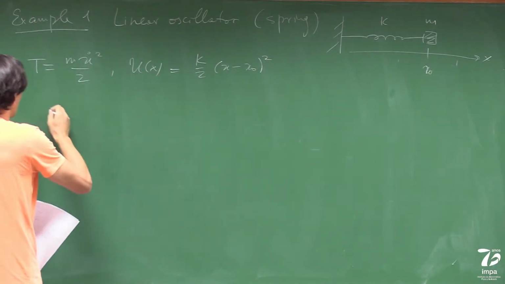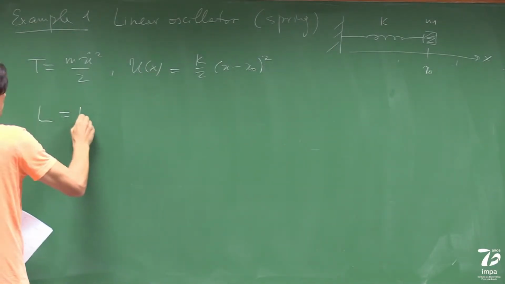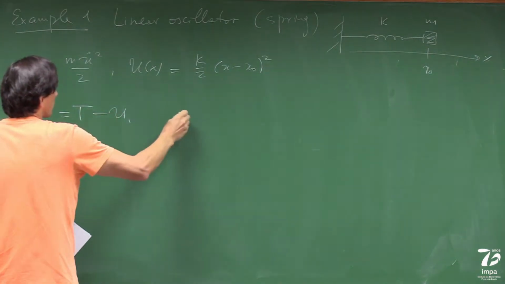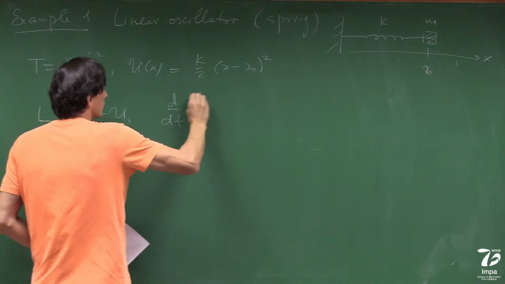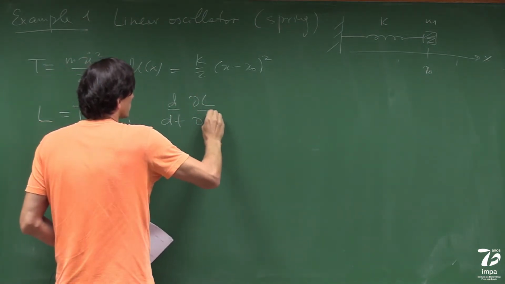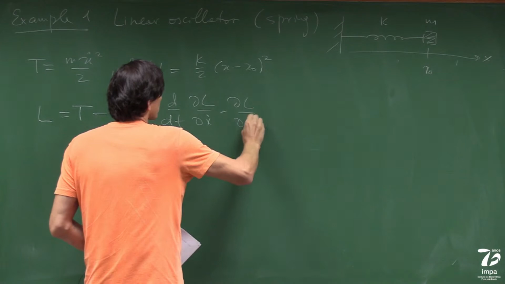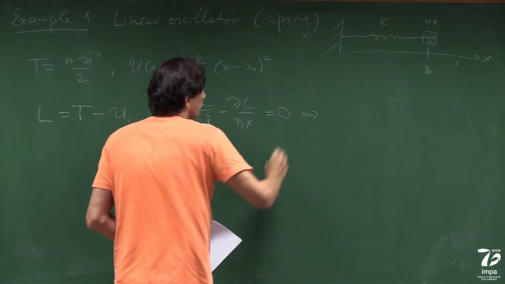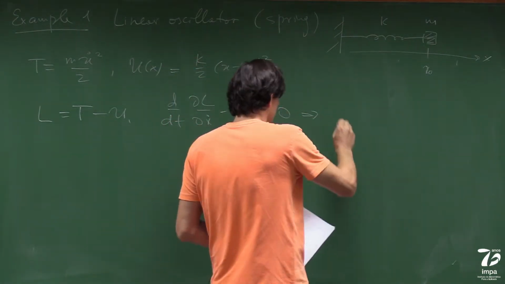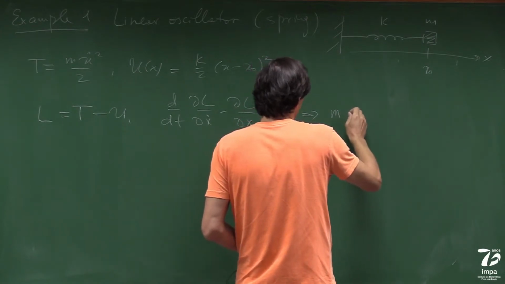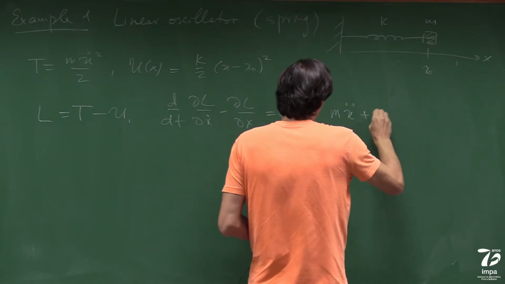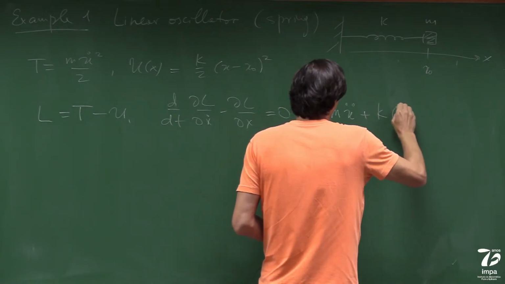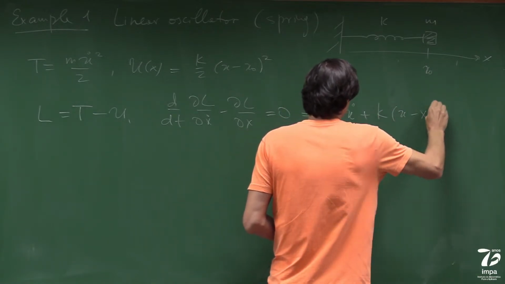So the Lagrangian function is T minus U, and the equation of motion, which will be d/dt of dL/dx dot minus dL/dx. You can see that it's m x double dot plus k (x minus x0) equals 0.